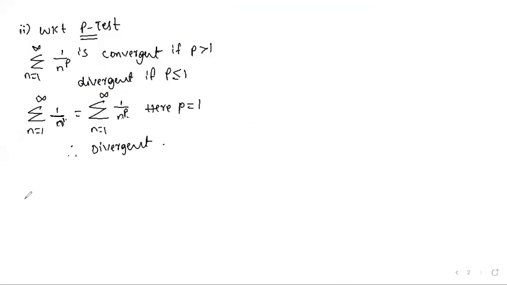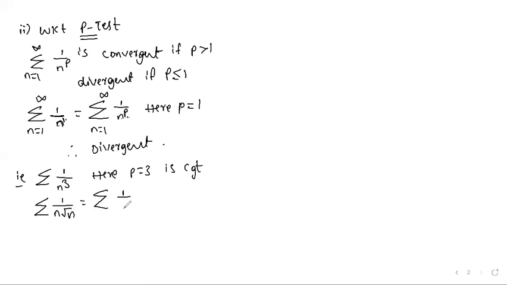In the second statement, for example, 1 by n cube, here p is equal to 3, is convergent. Suppose 1 by nth root of n, that is equal to summation 1 by n power 3 by 2. Here p is equal to 3 by 2, which is greater than 1, so it is also convergent.